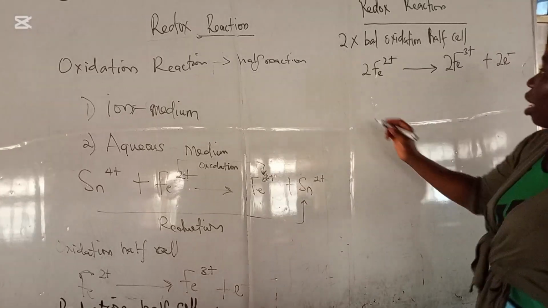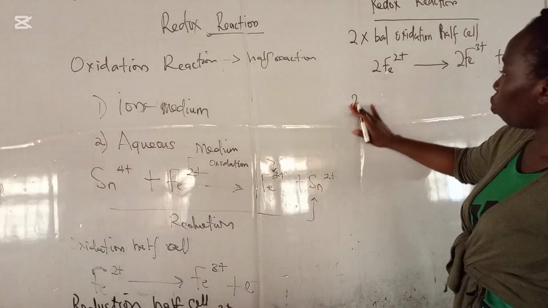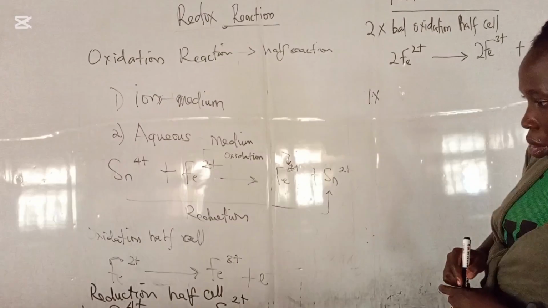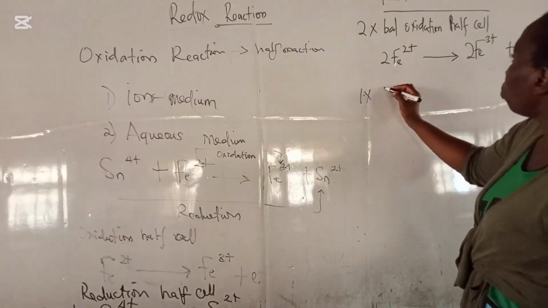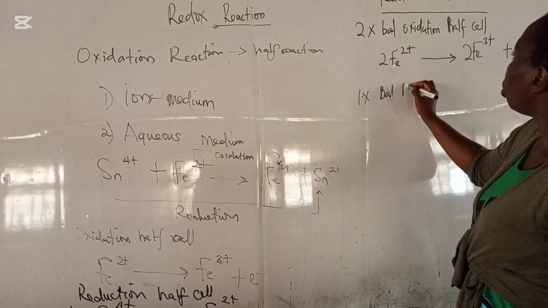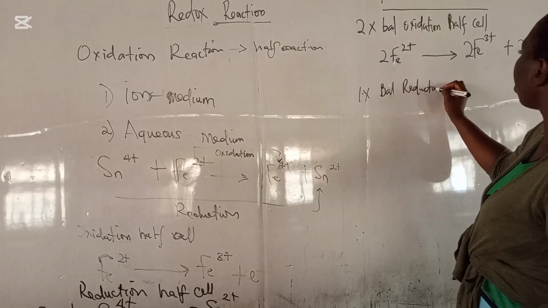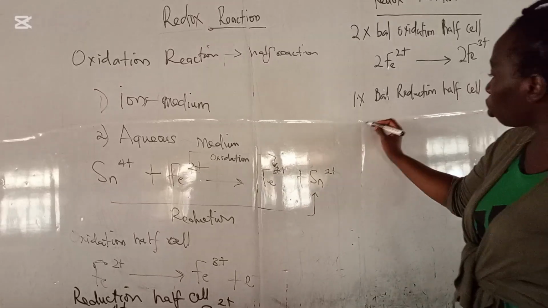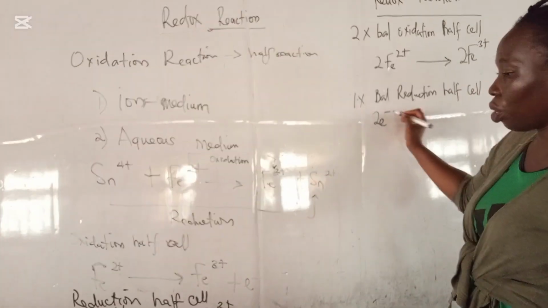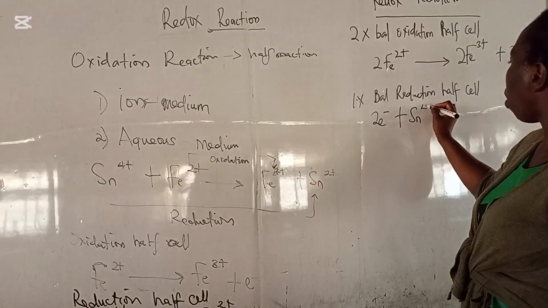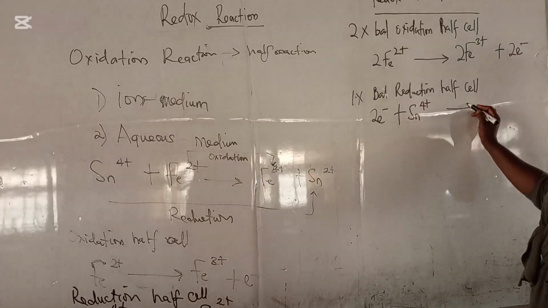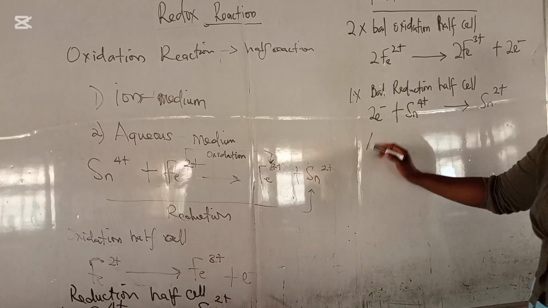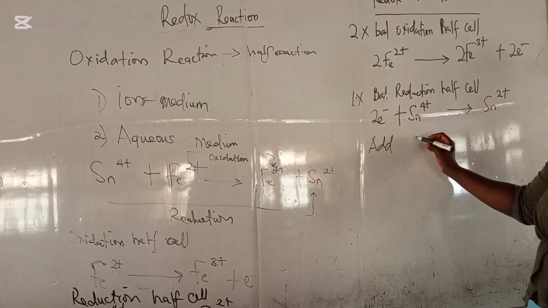Then we also do 1 times reduction, balanced reduction half cell. So it becomes 2e- plus Sn4+ to give us what? Sn2+.